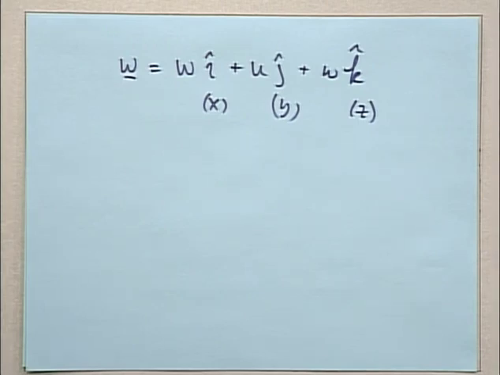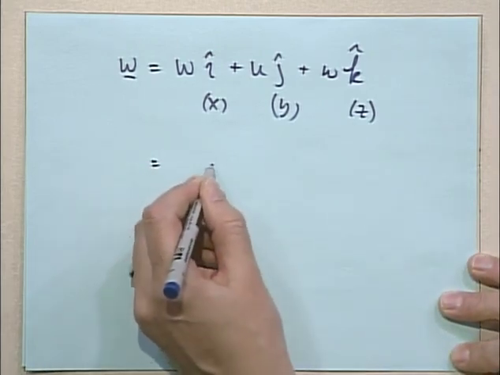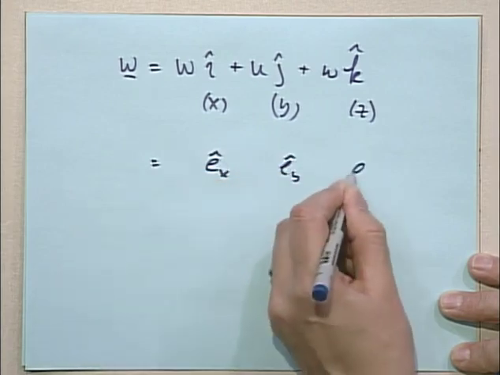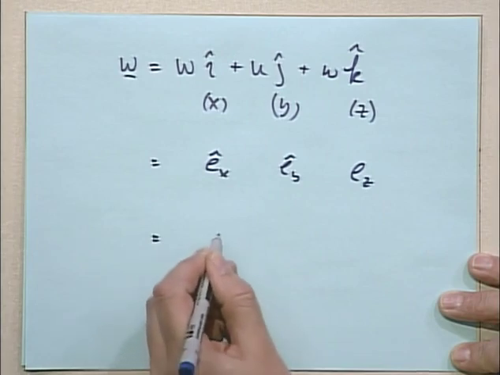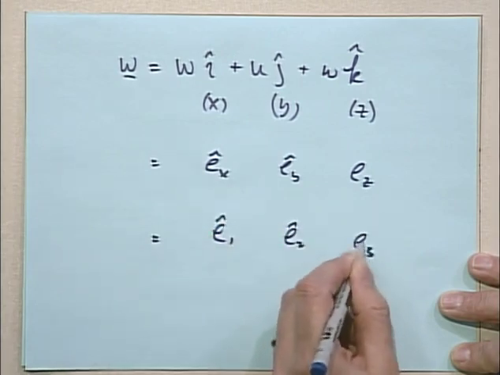So instead of using this ijk system, we replace this with the ones shown on the slide. I would write this as coefficients times ex, ey, ez, or coefficients times e1, e2, e3.